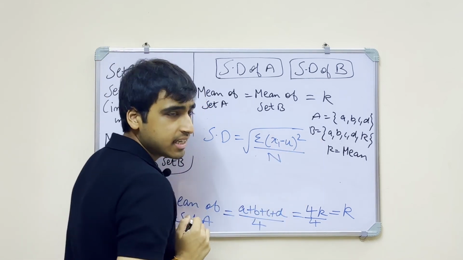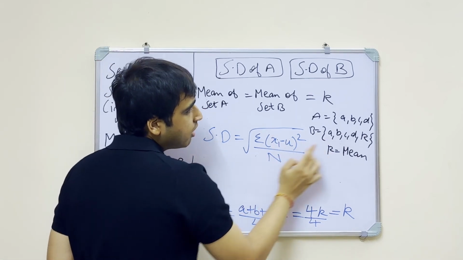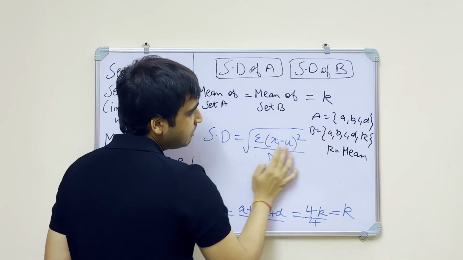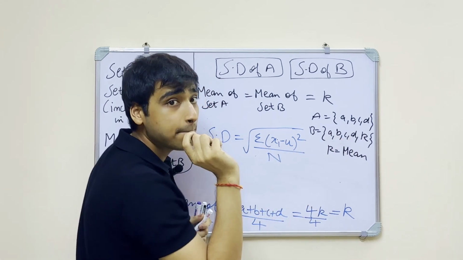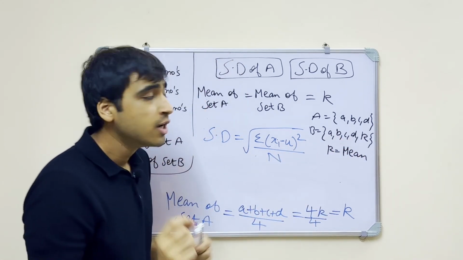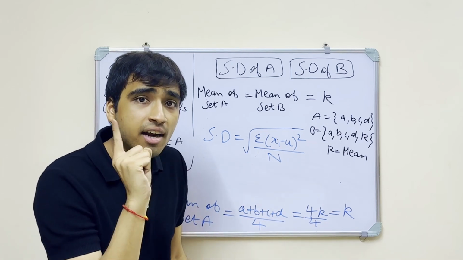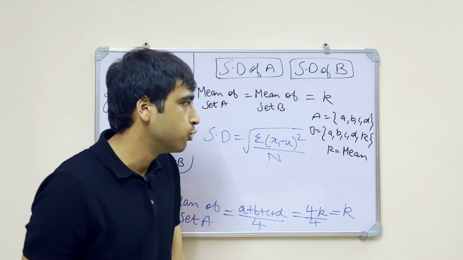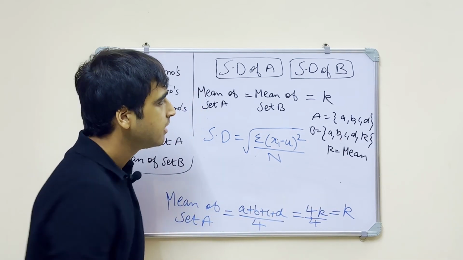Similarly for set B, we have A minus mu plus B minus mu plus C minus mu plus D minus mu plus K minus mu. So over here, there is one additional term, which is K minus mu. I hope you understand this, right?